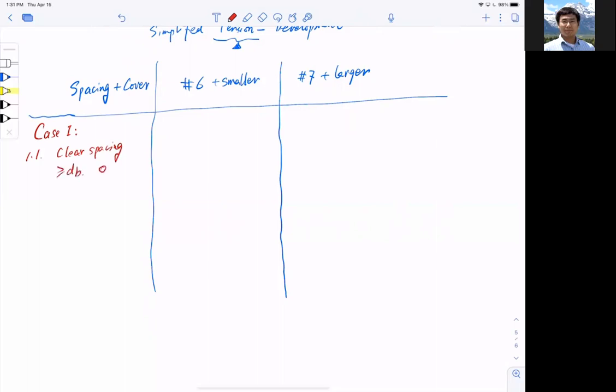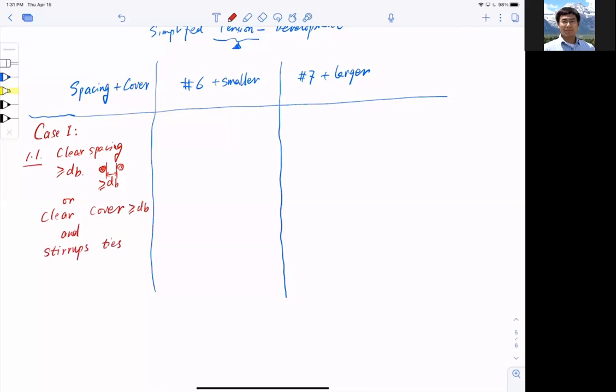Just to give you a picture, clear spacing means the pure space between bars, bigger than dB, or clear cover bigger than dB, and stirrups or ties means I do have stirrups. So this is case 1.1.